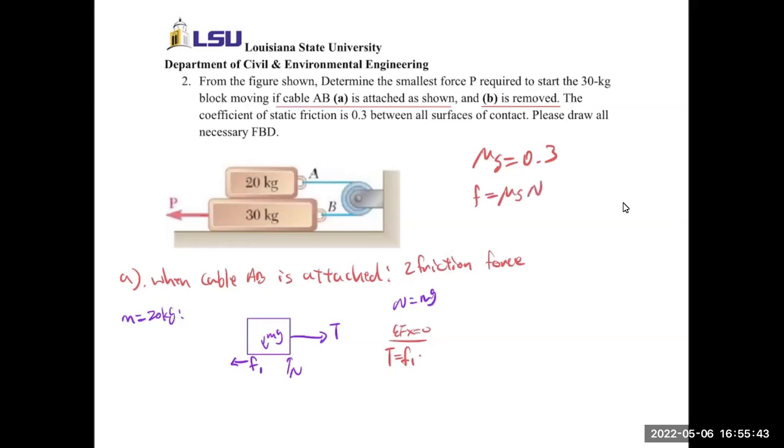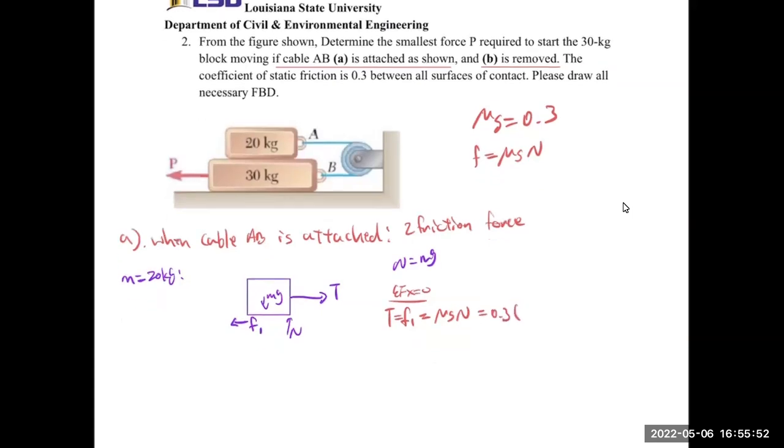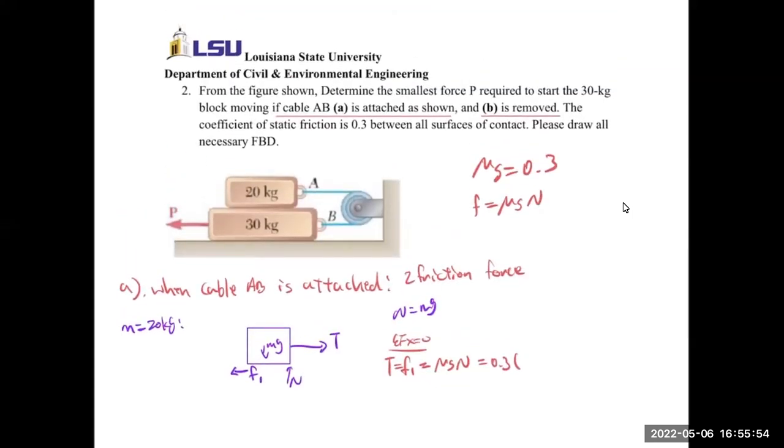So F1 is going to be mu s multiplied by N. Then mu s right here is 0.3, and N is mg, which is 20 multiplied by 9.8. Then we get T equal to F1, and that will be equal to 58.86 newtons.